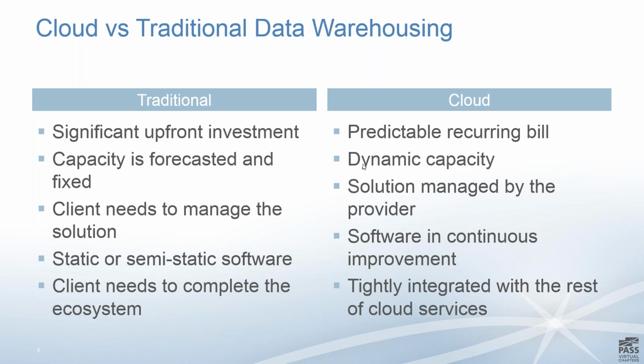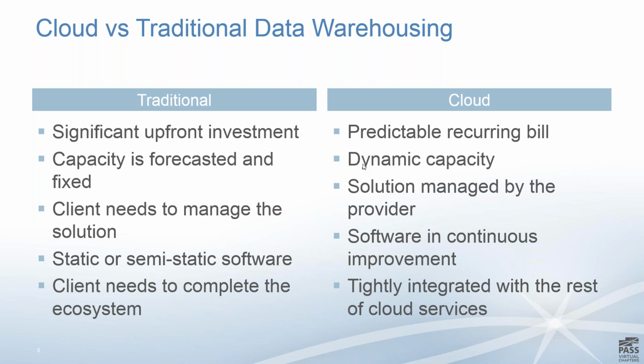On a cloud data warehouse, we just have a recurring cost. It can be very predictable. We can even get some savings by using the flexibility of the cloud as well. When we need to do forecasting and buy capacity, so basically spec out our servers, in a traditional scenario it's very difficult.